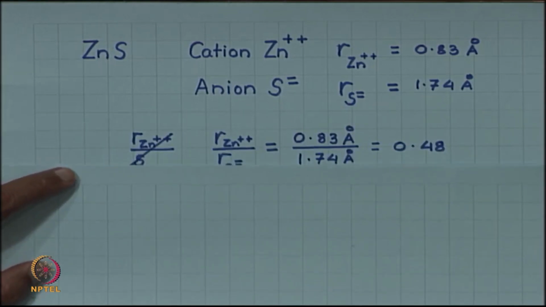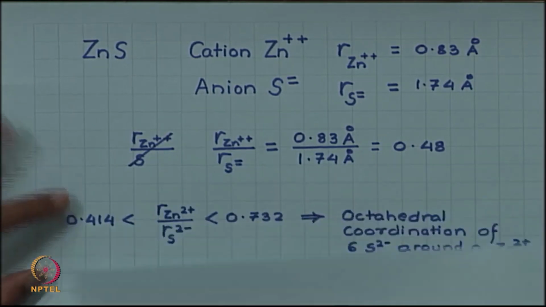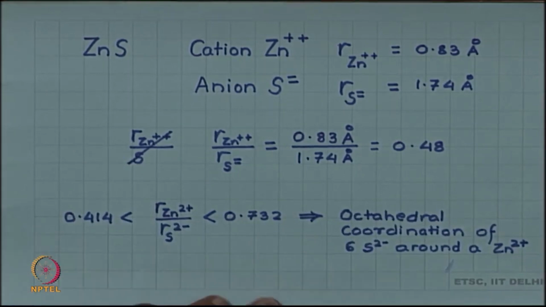If we take the radius ratio, we get a value of 0.48. This value comes between 0.414 and 0.732. So, this implies an octahedral coordination of 6 sulphide ions around a zinc cation.